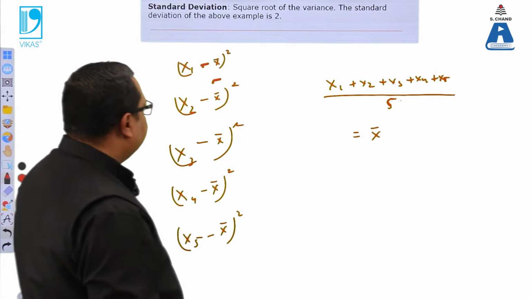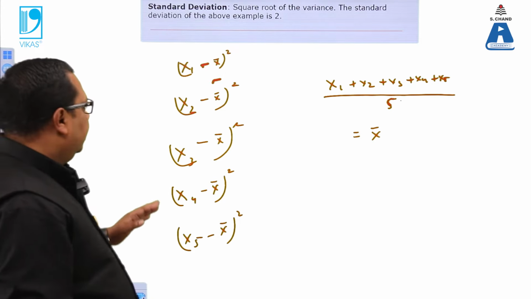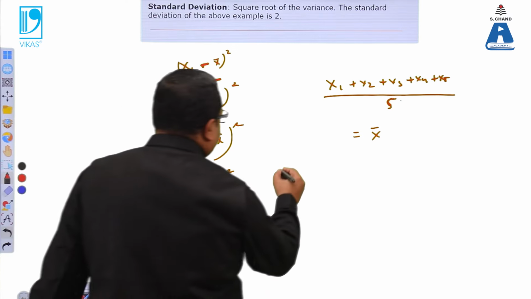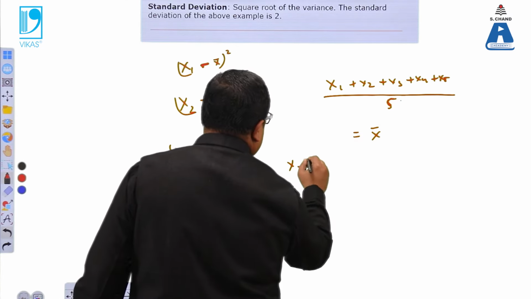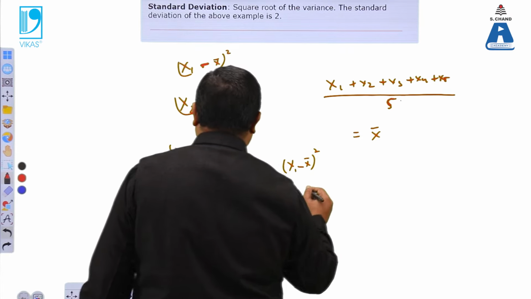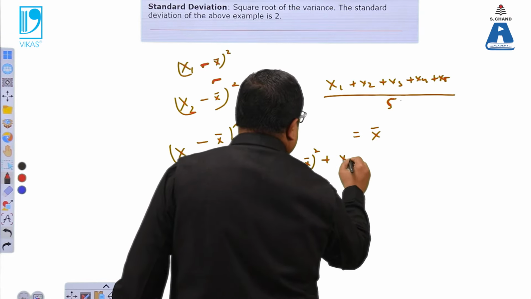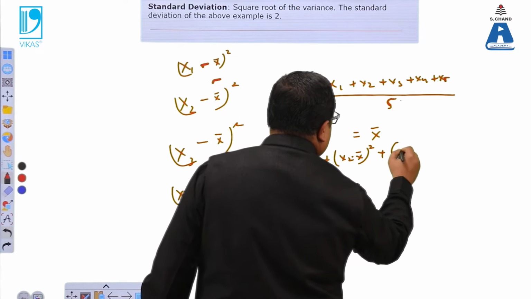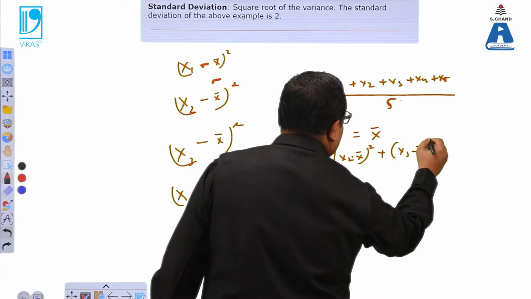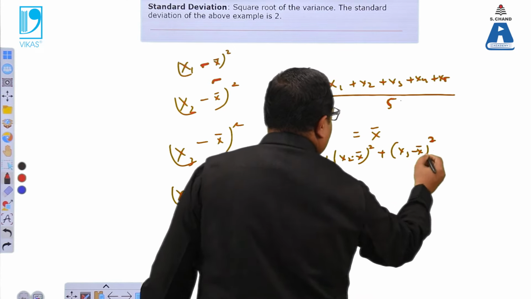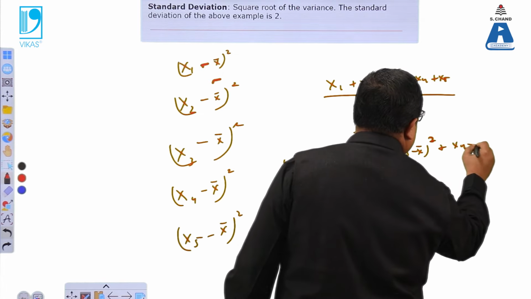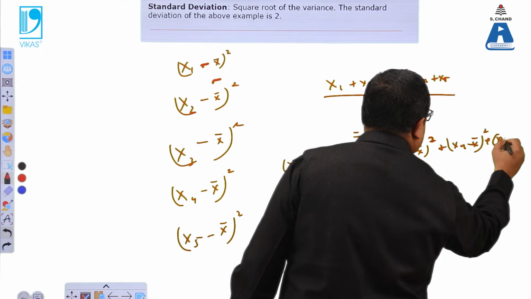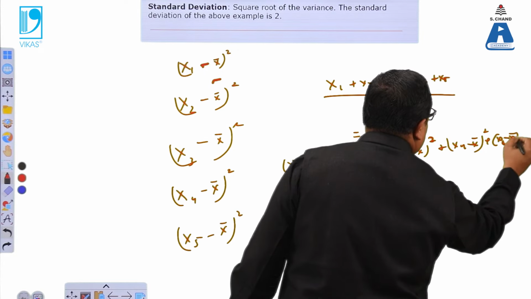We will add all these things and then divide by the number of terms minus 1. So it will be x1 minus x bar whole square plus x2 minus x bar whole square plus x3 minus x bar whole square, then x4 minus x bar whole square plus x5 minus x bar whole square.